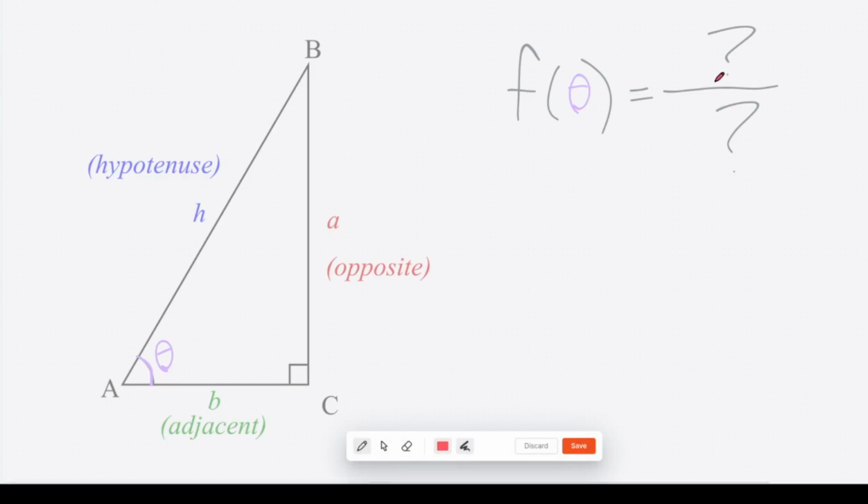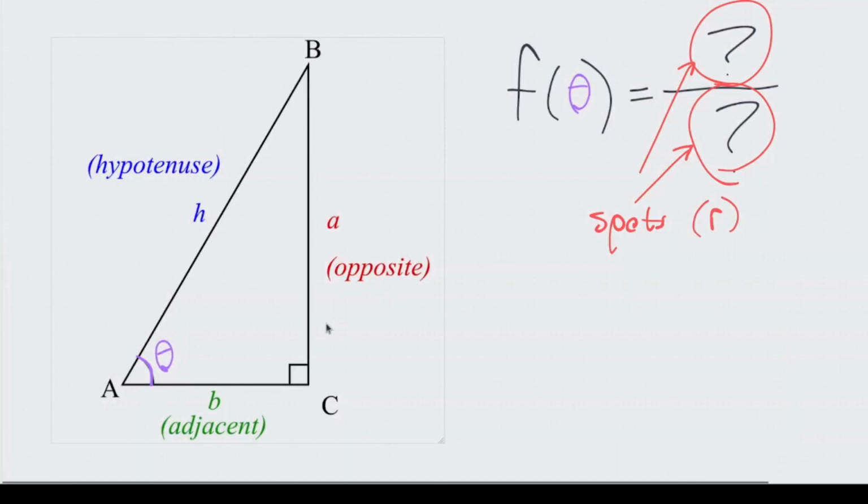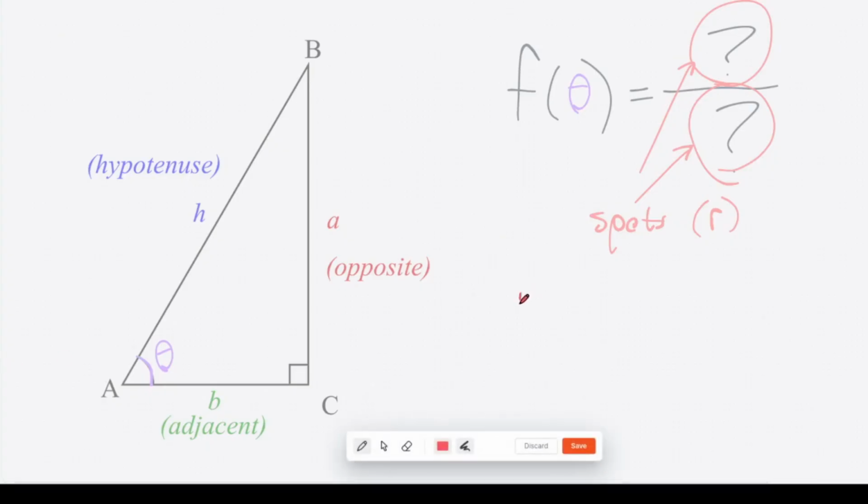One way that we can think about it is we can think about the numerator and denominator here as the two spots that we have to fill. This would be like our spots, if you're thinking through the permutations kind of terminology, and we usually call that R. And the number of sides here, so hypotenuse, opposite, and adjacent, the three possible sides, those would be like our options, which we would call N.